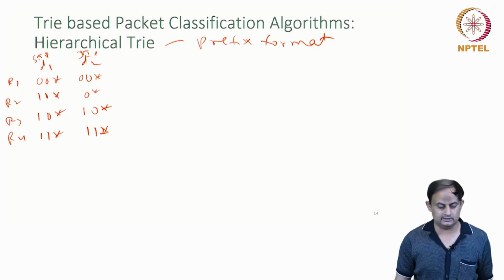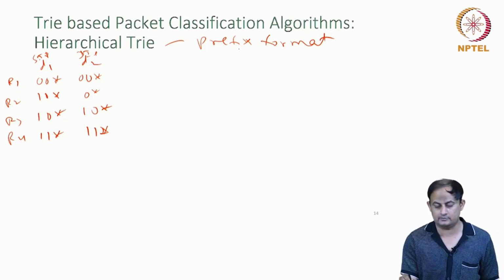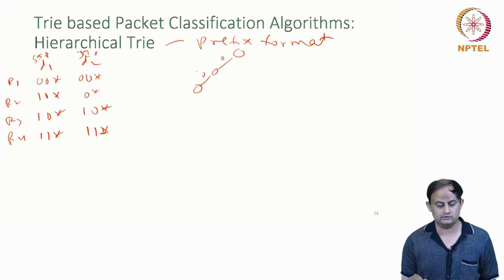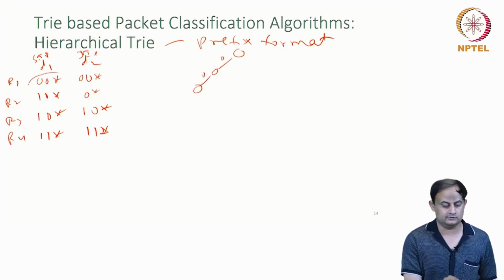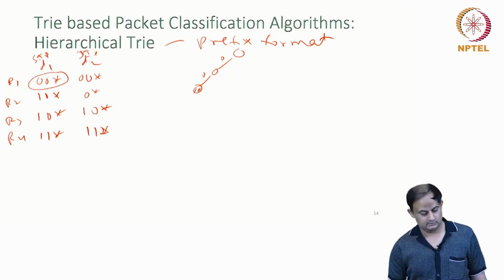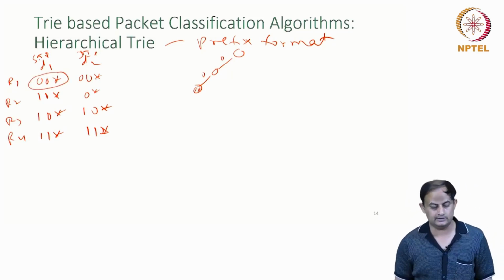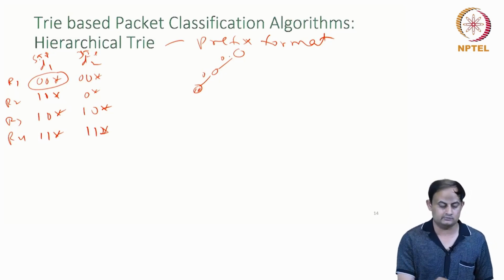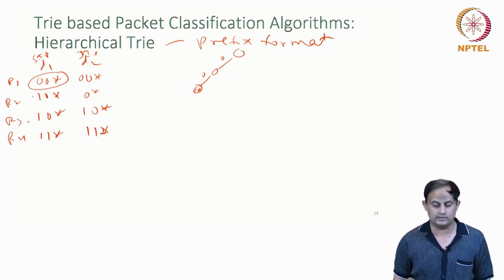So first let's take the case of dimension D1 and try to build the trie. For rule R1, the source IP address field is saying 0 followed by 0. This is 0, this is 0, and this 00 star is taken care of. I am going to mark this. The second possible prefix is 10 star for rules R2 and R3.